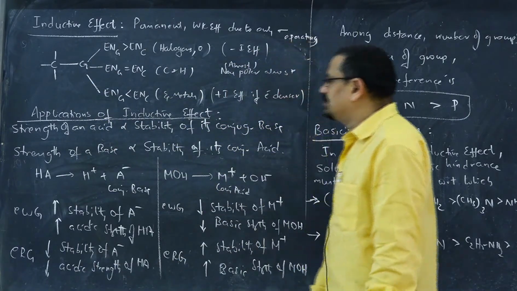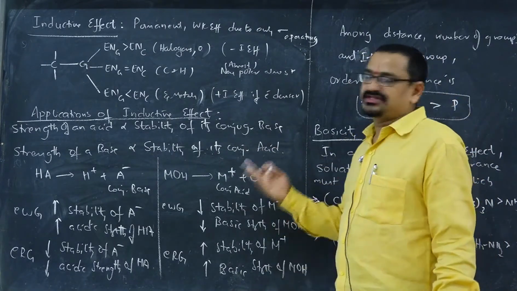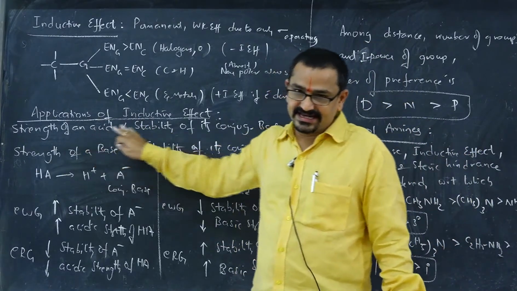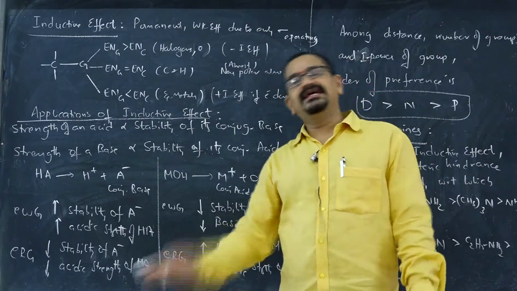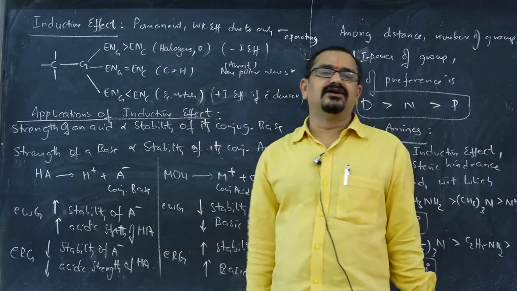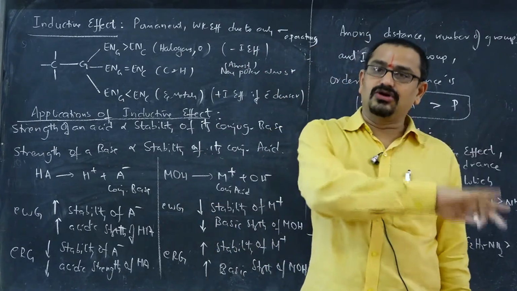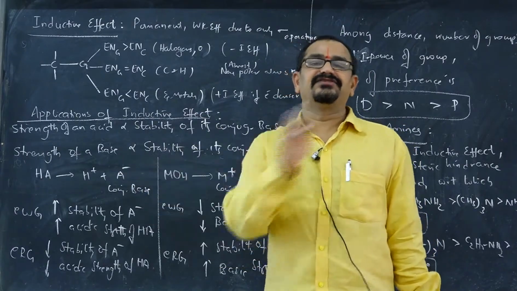Now when it comes to application of inductive effect, especially in the strength of acids and bases, the strength of an acid is directly proportional to the stability of its conjugate. Any substance will be strong in its character if its conjugate is stable.